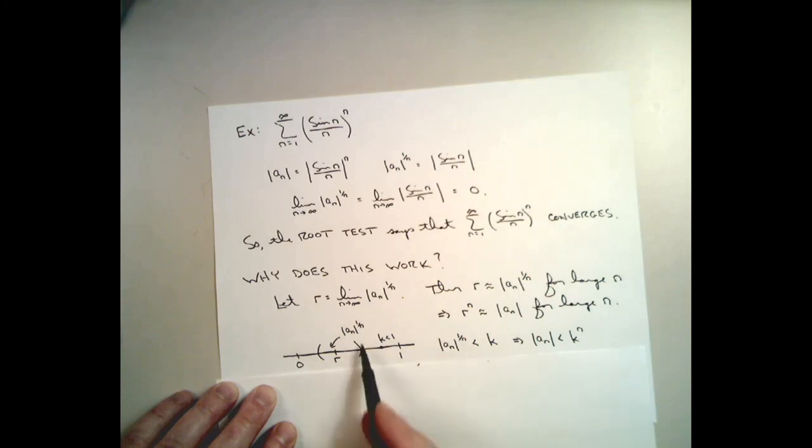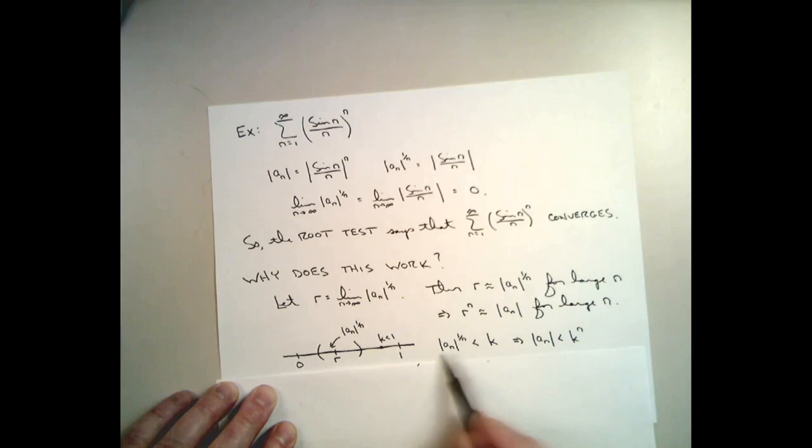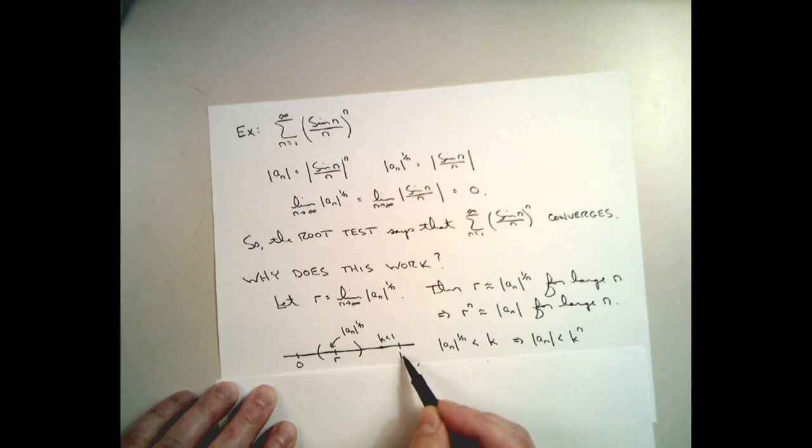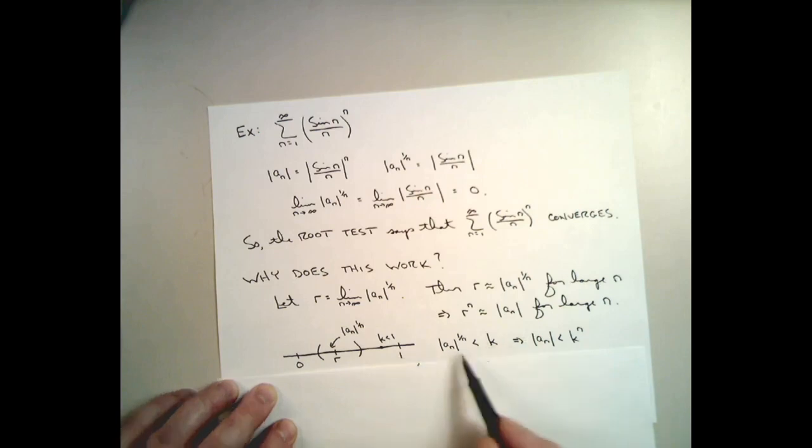And so for those large values of n, the nth roots are going to be smaller than some number k, where k is strictly less than 1. Again, R being smaller than 1 allowed me to choose a small enough interval around R so that 1 didn't belong to it.